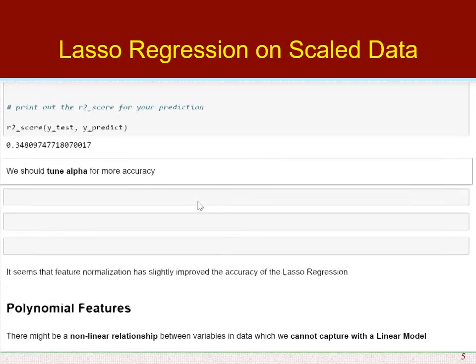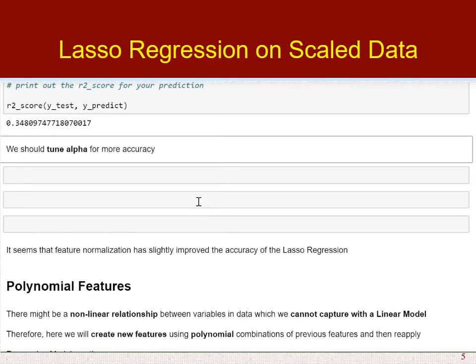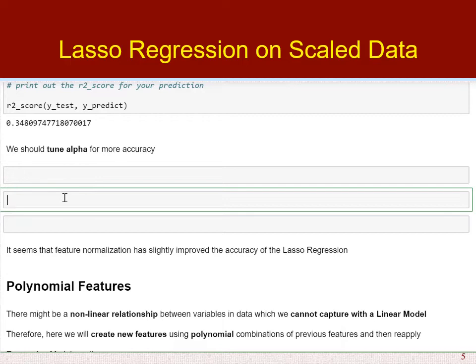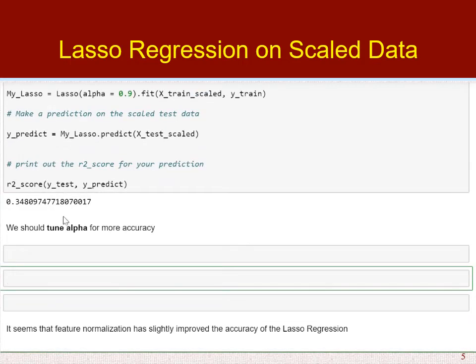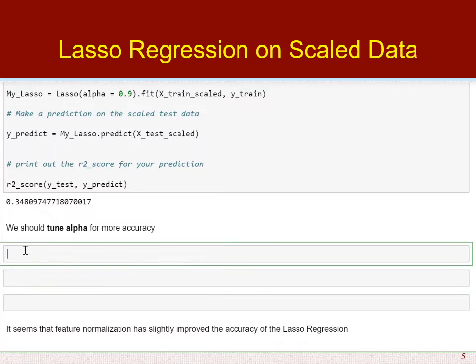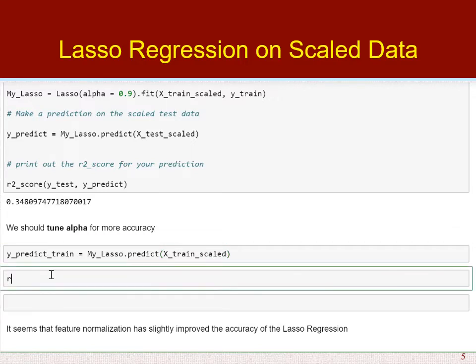Alright, so now we have our lasso on the scaled data. Let's add it to the R2 scores table. So let's do that. So first, let's make a prediction also on the training data set. So I'm gonna call it Y predict train. Then print out the R2 score.